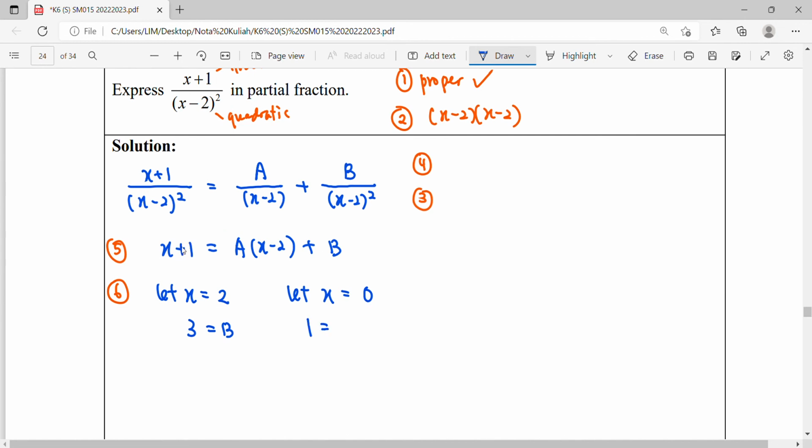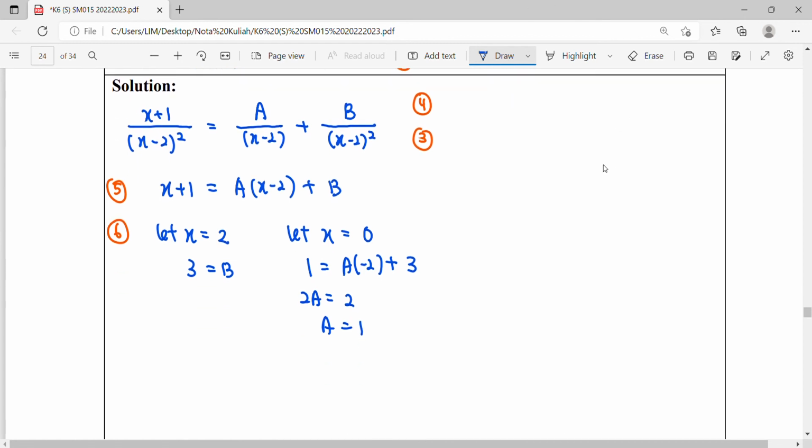Of course, when I randomly put 0, my A and B will still exist. So when I put 0 here, it will be A times negative 2, and then B. B I found already, so I substitute B, which has the value 3. So we find out what our A is. Move the A to the left-hand side, and move this one to the right-hand side, which is 2. So A is equal to 1.